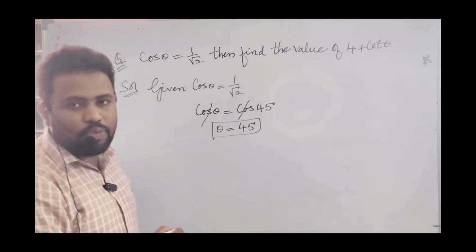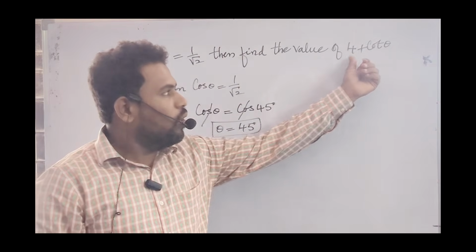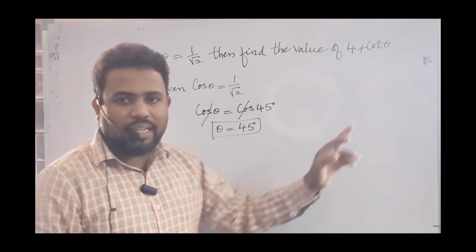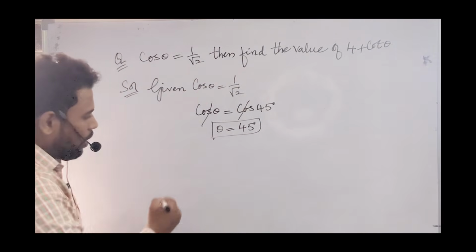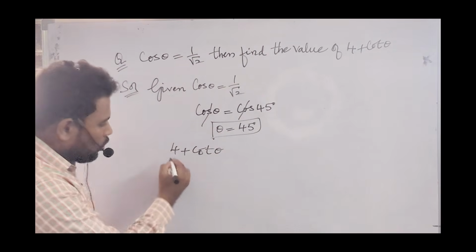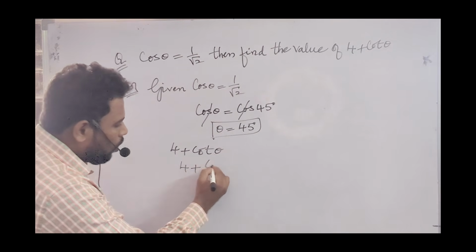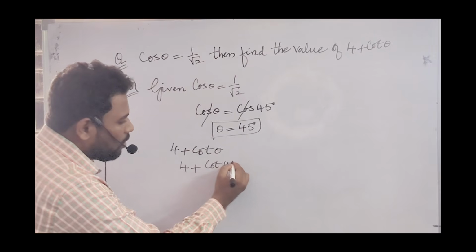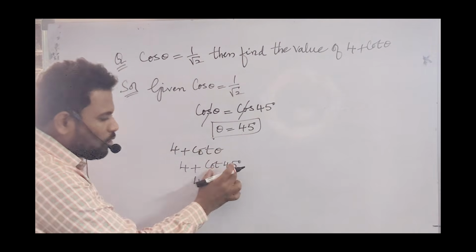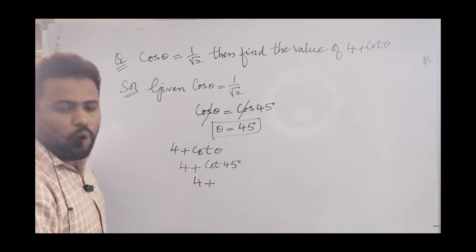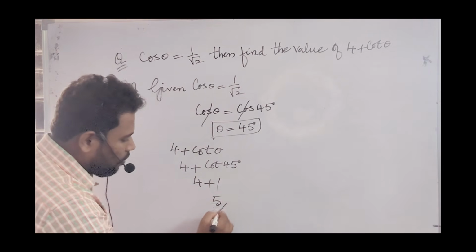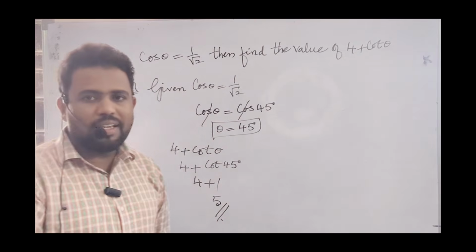We have to find the value of 4 plus cot theta, so in place of theta we write 45 degree: 4 plus cot 45 degree. The value of cot 45 degree is 1. 4 plus 1 equals 5. So the final answer for this question is 5.